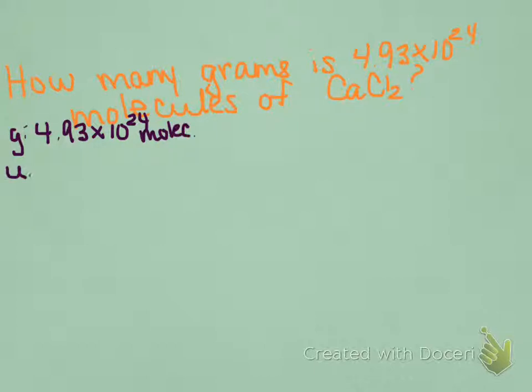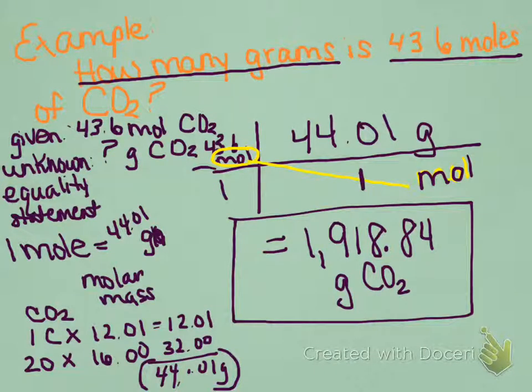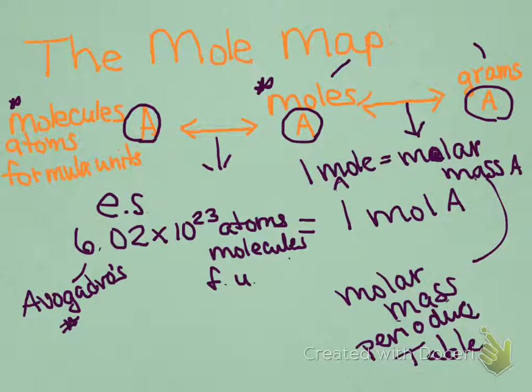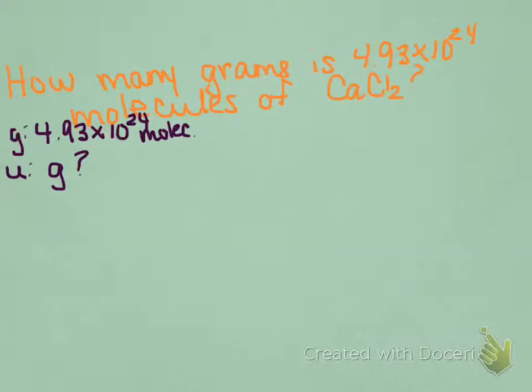My unknown is grams. Okay, so now if I look back at my mole map, take a look what this means. We've got molecules, we're going all the way to grams. So we're going to have to use 2 equality statements in this problem. So this is a 2-step mole conversion.